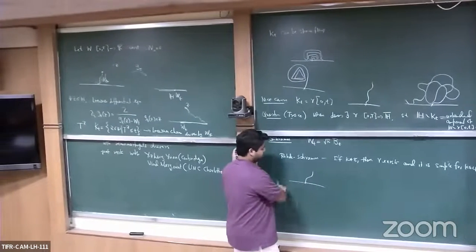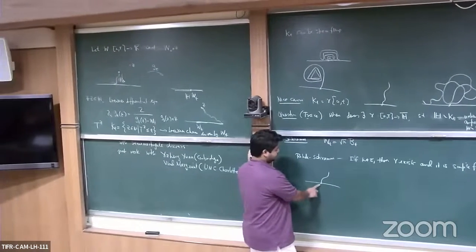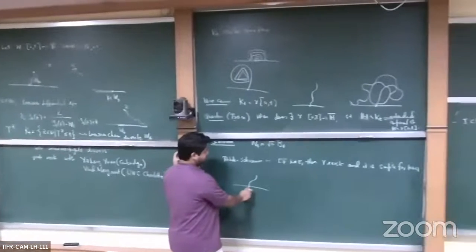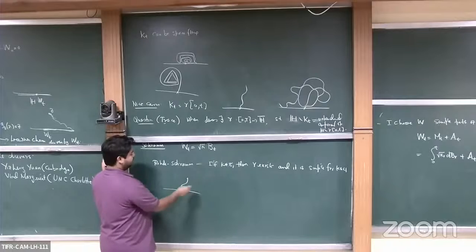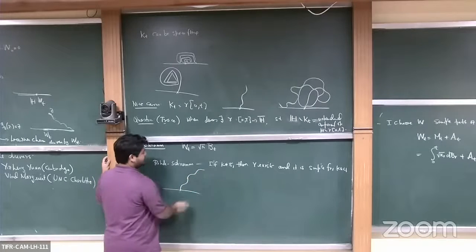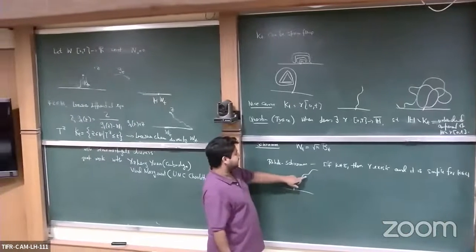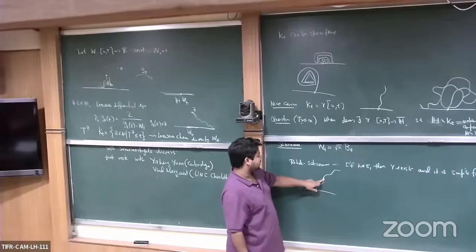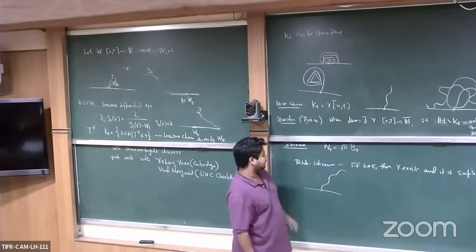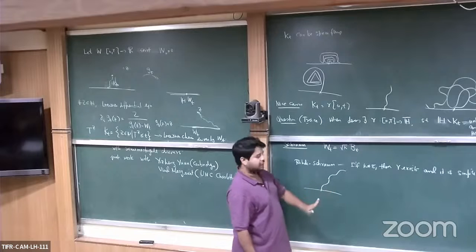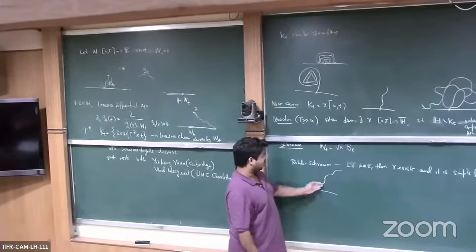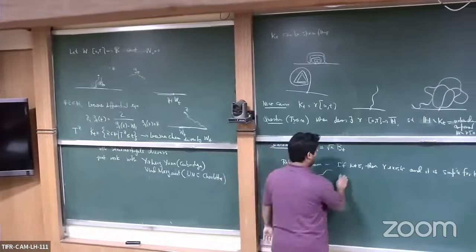One is called the domain Markov property, which is to say that if you grow a curve and remove it, then the remaining part of the curve has the same distribution as the original one, except in a different domain, the domain from which you have taken the curve out.